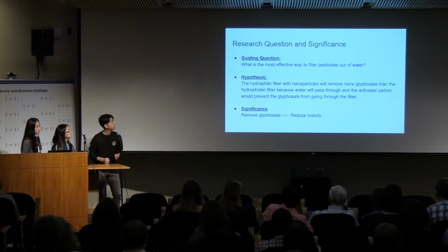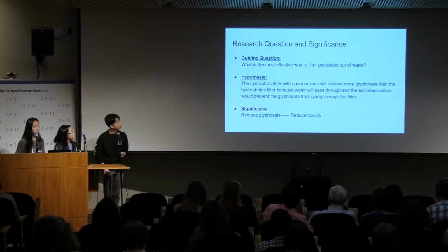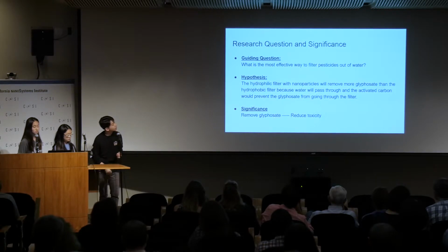We hypothesize that the hydrophilic filter with nanoparticles will remove more glyphosate than the hydrophobic filter, because water will pass through the filter and the activated carbon will prevent the glyphosate from passing through. It is significant because removing glyphosate from the water will reduce toxicity in water streams and prevent further pollution to the ocean.